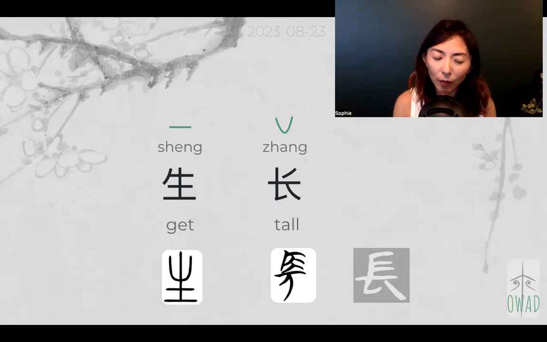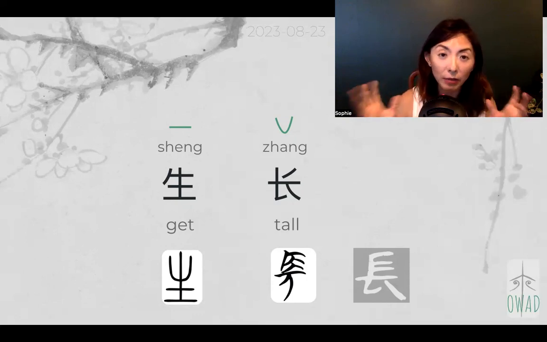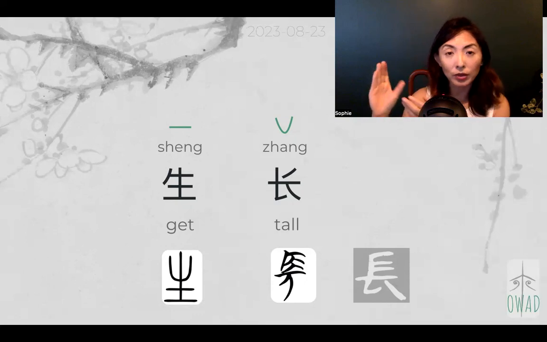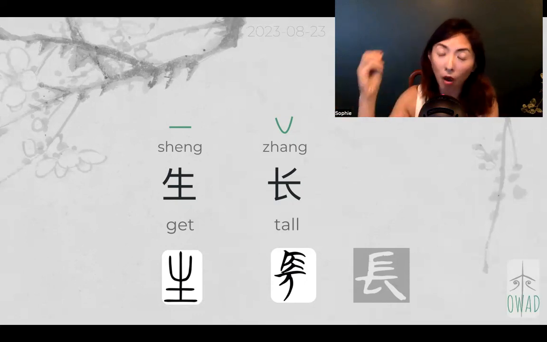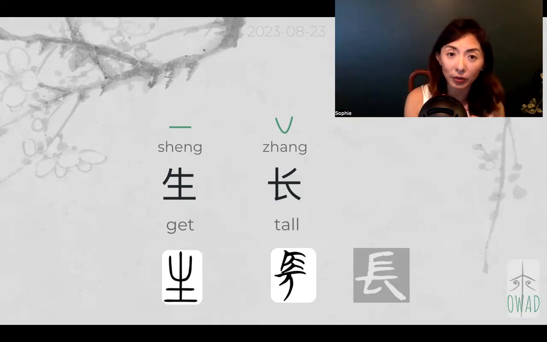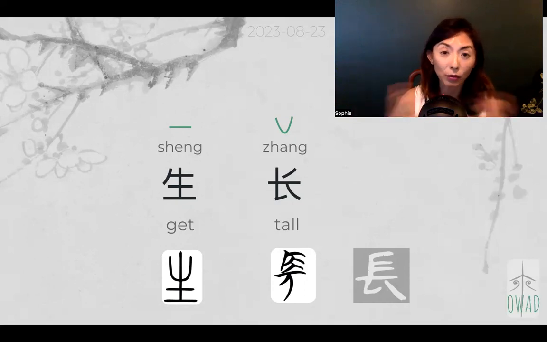So we show the concept of grow by showing you the end goal of grow, which is you're going to be longer or taller than the current you. And that's the definition of grow.